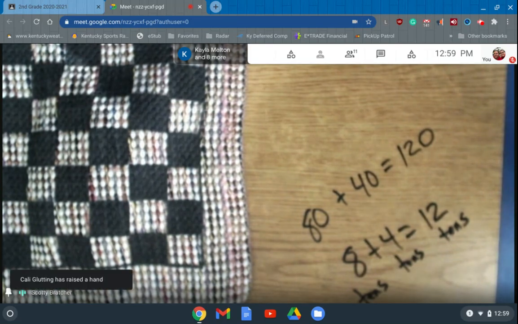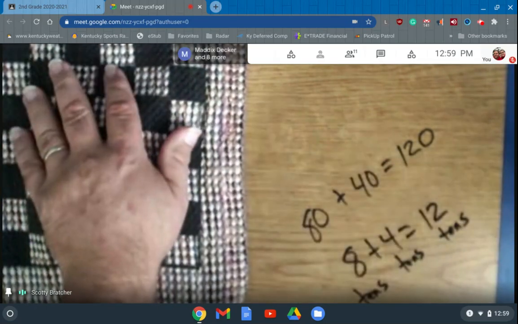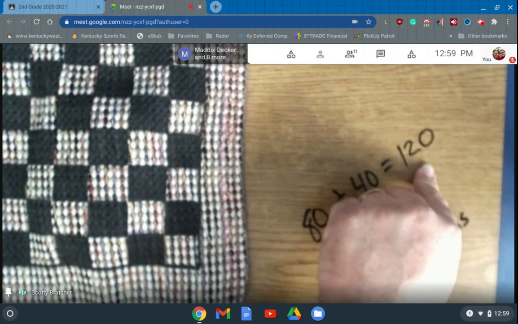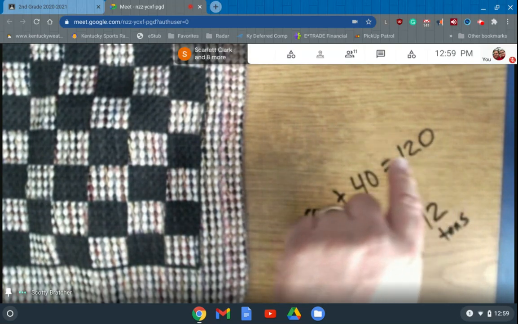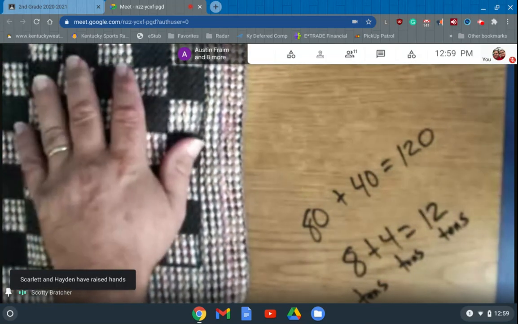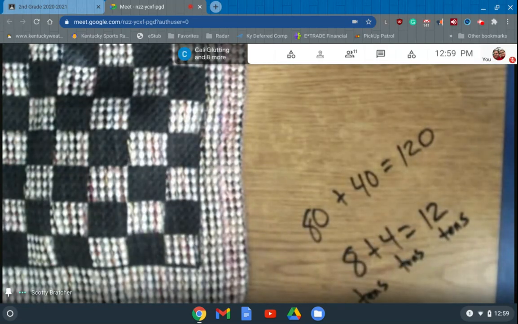Think about it. Okay. I asked, what should this look like under here? It's 120 under here. I asked you to think about what it should look like under here. And then I said, is that exactly what it does look like? And you put thumbs down. So why is it thumbs down? Because it's not going to look like it. Why? What's wrong with it?